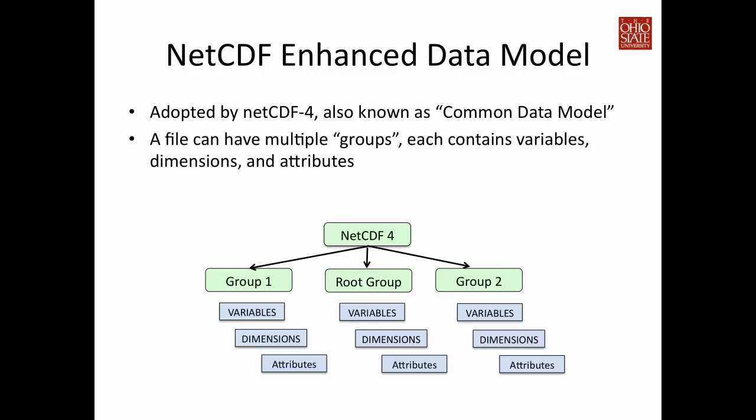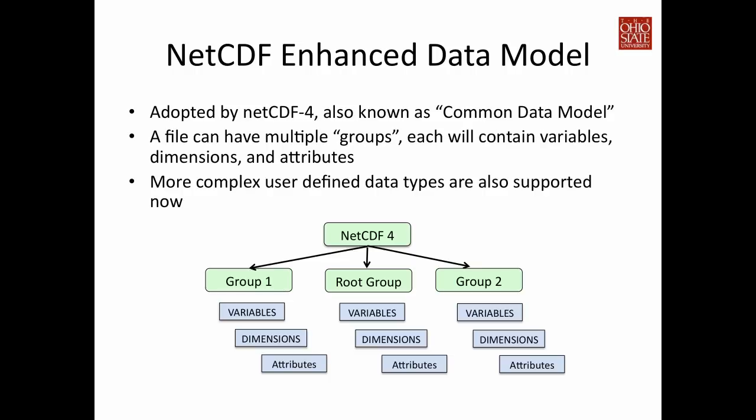Although in the classic data model, you can only have one group. So now in NetCDF 4, you can have multiple groups of variables, dimensions, and attributes. Besides that, the user can also define more complex data types for each of the variables stored in the array. Again, this user-defined data type can be considered as a struct that we use in the C language.